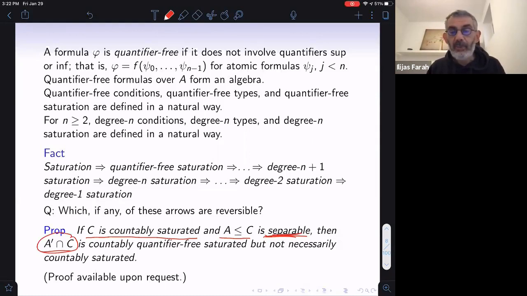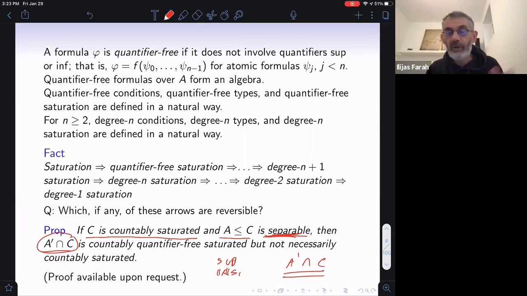Now you may wonder, what about full saturation? Well, you see, the point is that you cannot handle quantifiers if your formula involves something like supremum over norm of x less or equal than 1. Well, you want to take the supremum over the unit ball of A commutant intersected with C. There is no obvious way to somehow refer to this set, A commutant intersected with C, as a subset of C. So this is really the issue of definability in model theory.